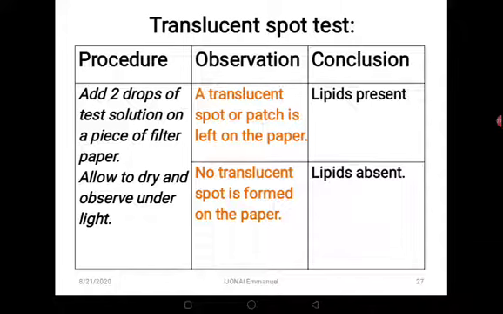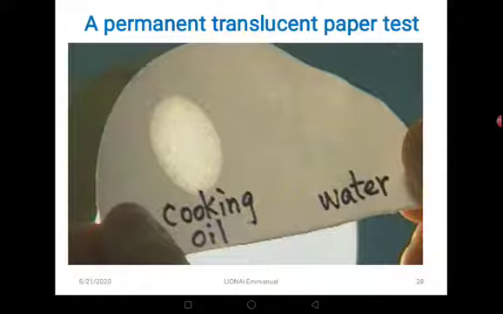If it has formed, that means your cooking oil has lipids. If the paper goes back to normal, then your cooking oil does not have lipids. The solution you have tested does not have lipids. You can do this at home and then send me a picture of what you have done. So that is what you would easily see.